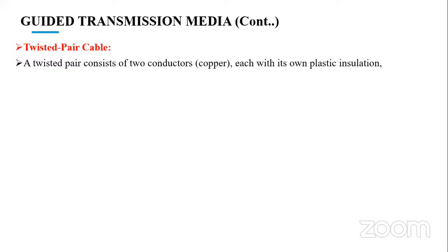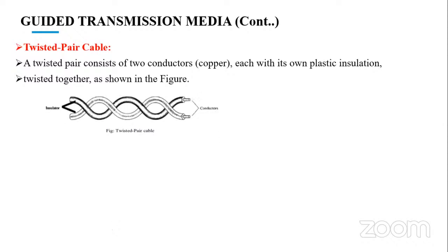In twisted pair cable, two copper wires will be there. The two copper wires will be twisted. What is the need of twisting? These two copper cables will be twisted together as shown in the figure.